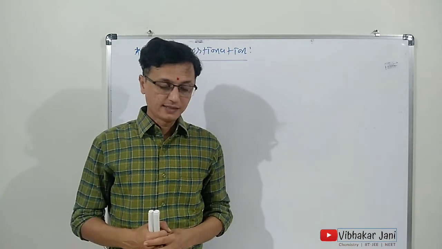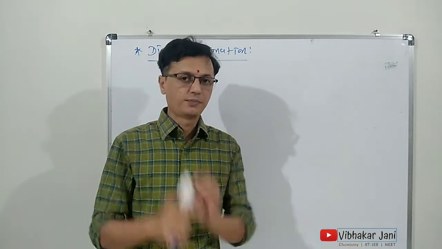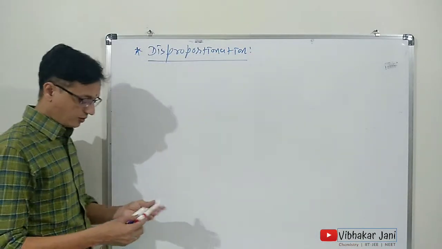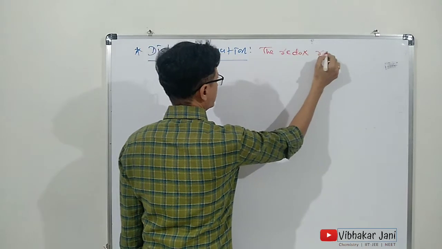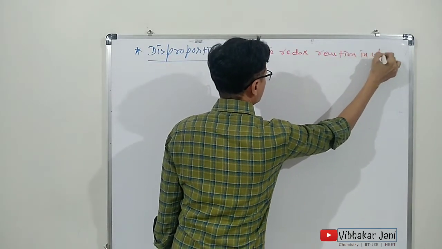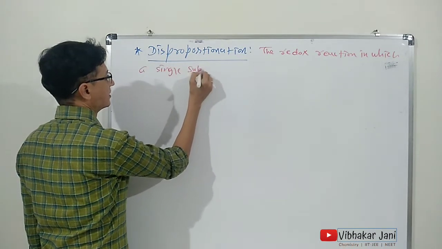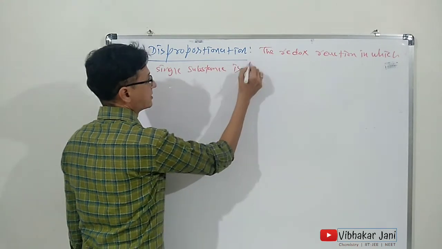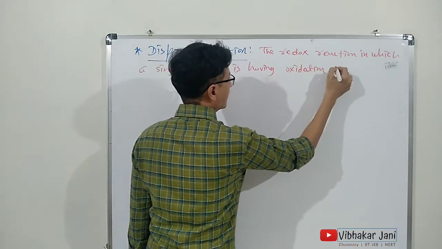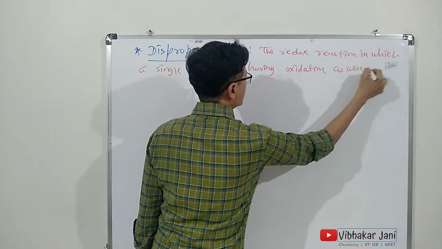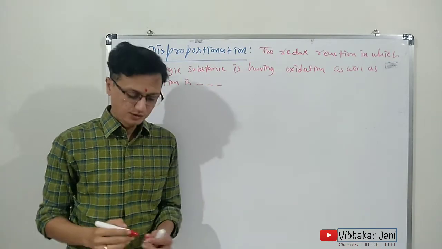So first of all, let us try to understand the definition of disproportionation. Take your note and pen with you and let us start. I am going to write the definition of disproportionation. The redox reaction in which a single substance is having oxidation as well as reduction is known as disproportionation.